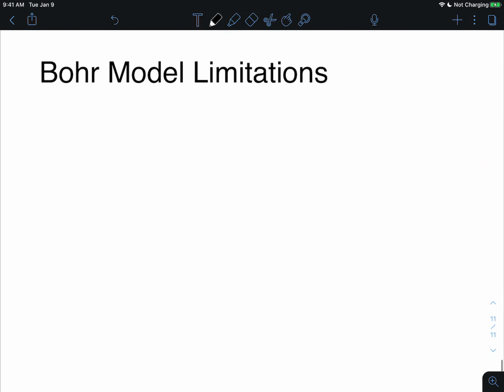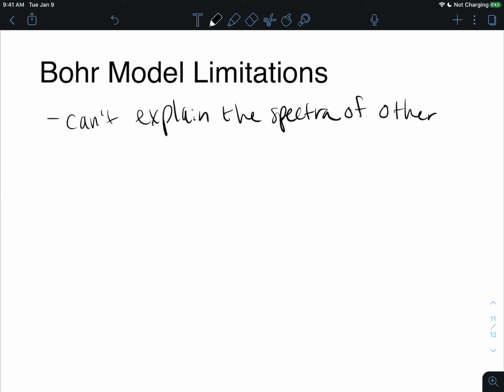Okay, there are a couple of limitations with our Bohr model, including that it can't explain the spectra of other atoms. So it's very limited to just hydrogen. It only works for hydrogen.